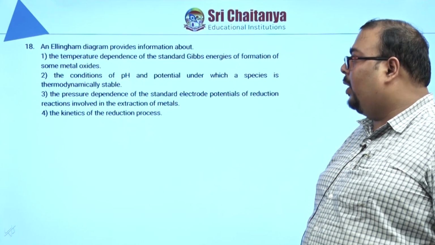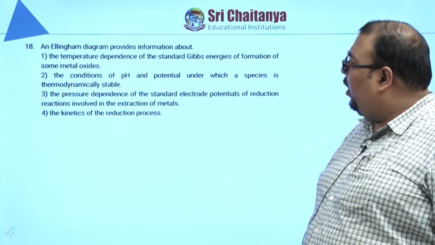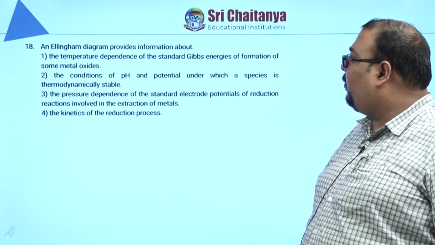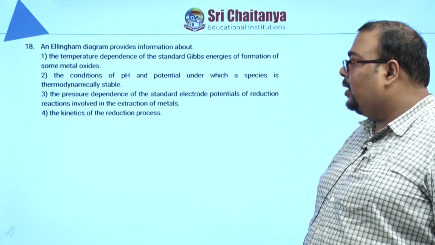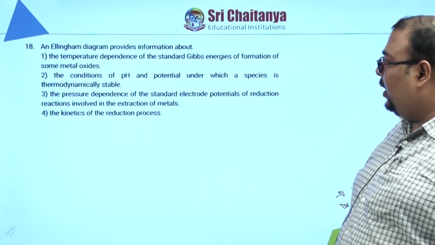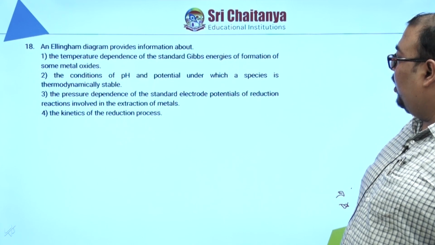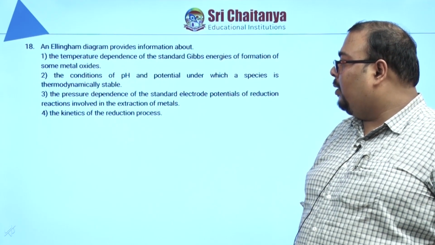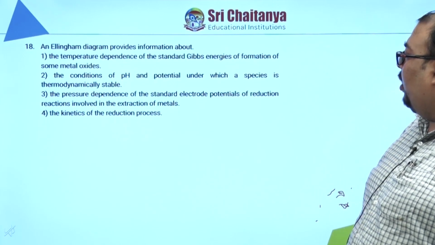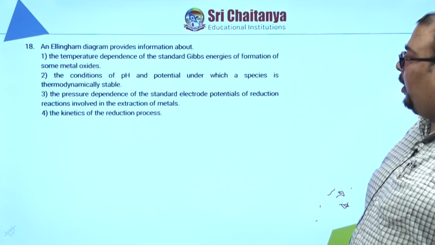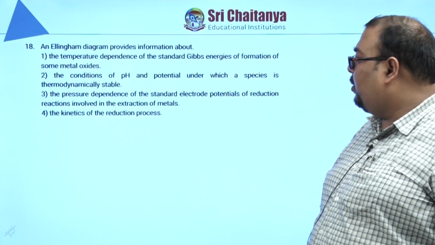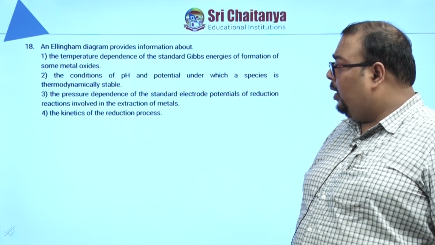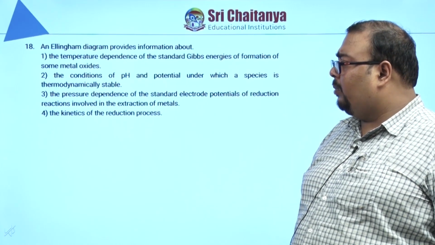Option 1, the temperature dependence of the standard Gibbs free energy of formation of some metal oxides. Second, the condition of pH and potential under which a species is thermodynamically stable. Third, the pressure dependence of standard electrode potentials of reduction reactions involved in extraction of metals. And fourth, the kinetics of reduction process.